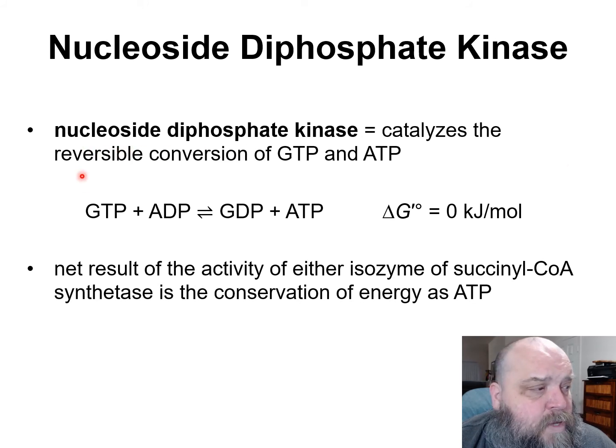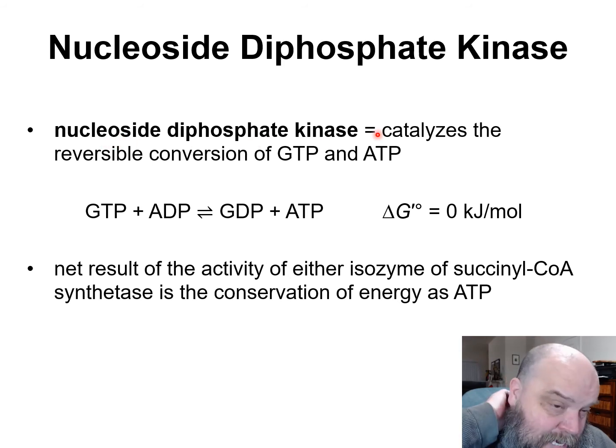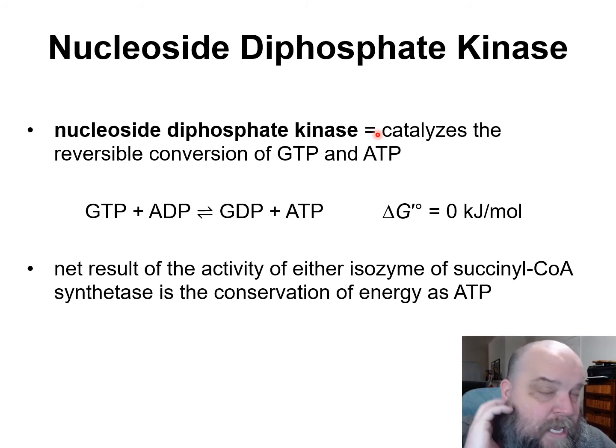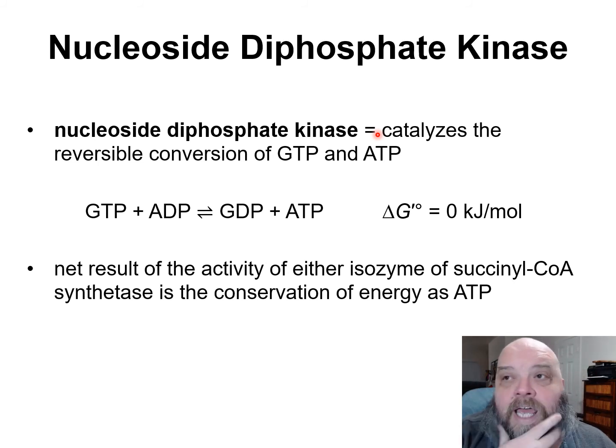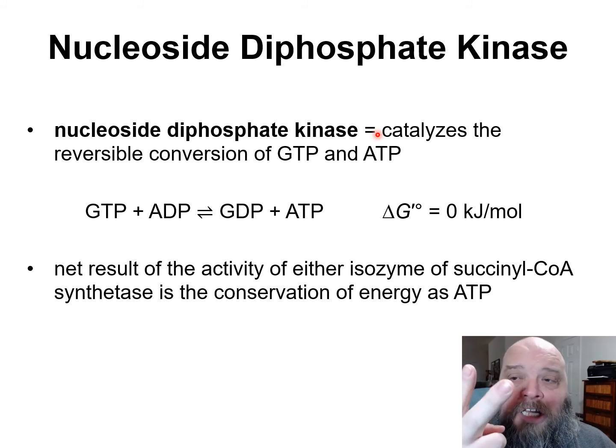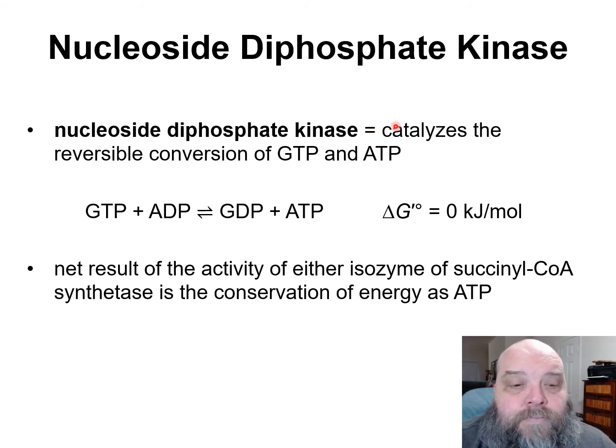So what you end up with, remember, is that substrate level phosphorylation. You have what's called nucleoside diphosphate kinase. Nucleoside diphosphate kinase means ADP, GDP, TDP, UDP, whatever. You start with those, and it gets phosphorylated by what we just saw.